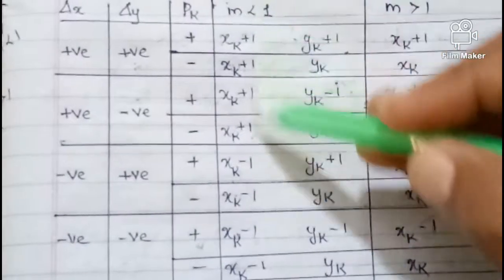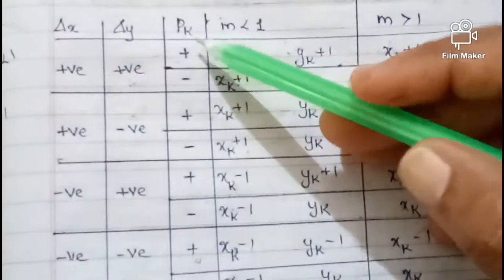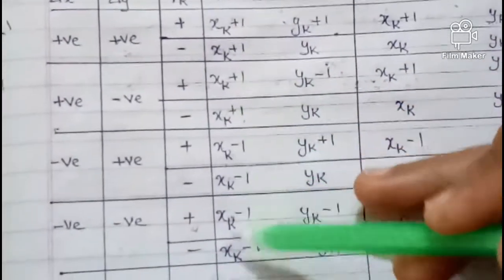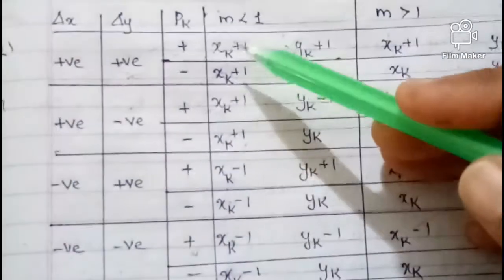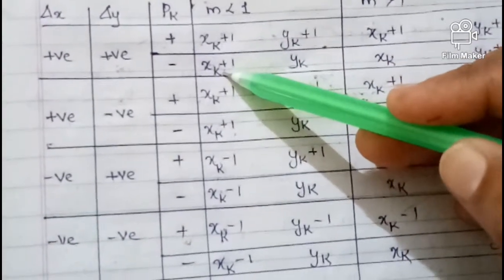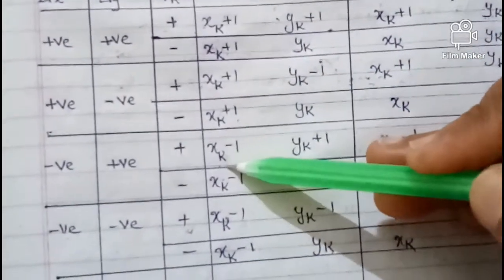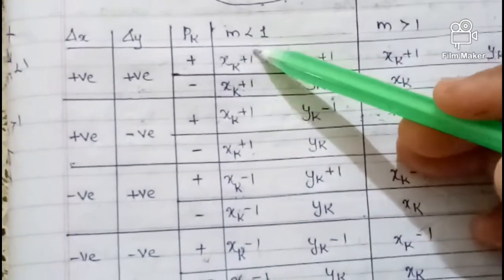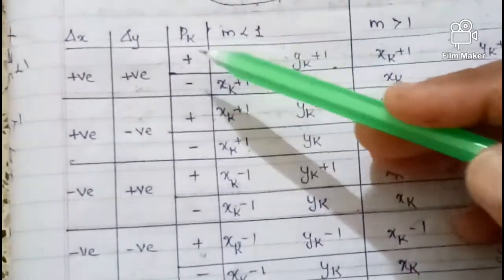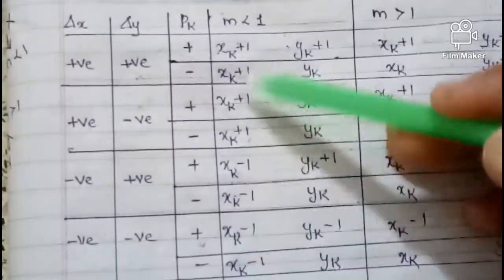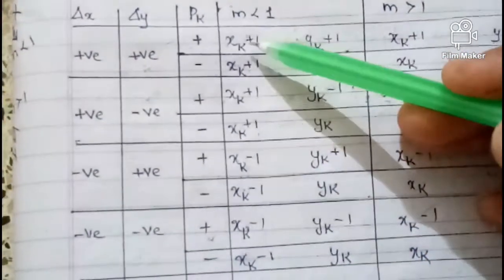So in all these cases, irrespective of whether pk is positive or negative, x always has the same change. If it increments here, here also it will increment. If it decrements here, here also it will decrement. So in m less than 1, irrespective of pk, x will always have the same change.